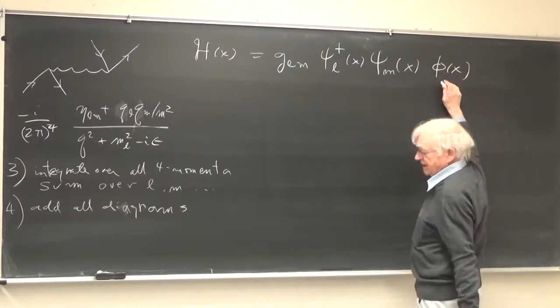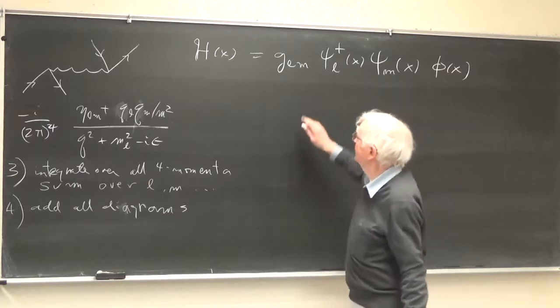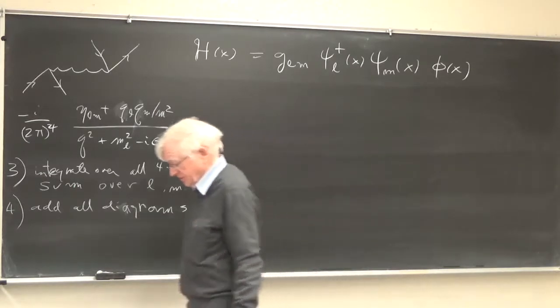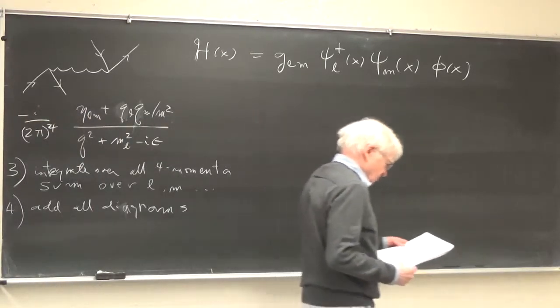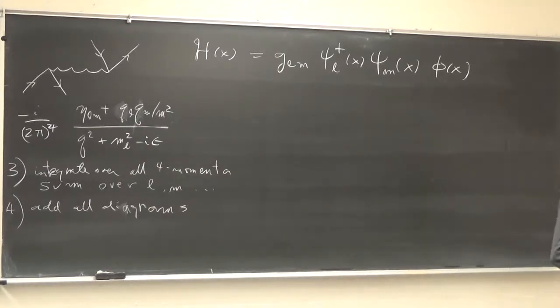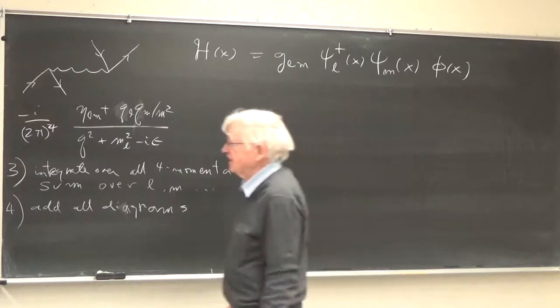So this is a scalar field, a neutral scalar field interacting with a fermion, which I'll nominally say is different from its antiparticle. So particle, fermion-antifermion there.